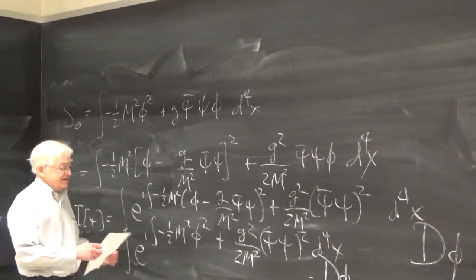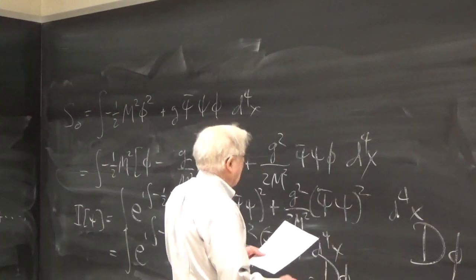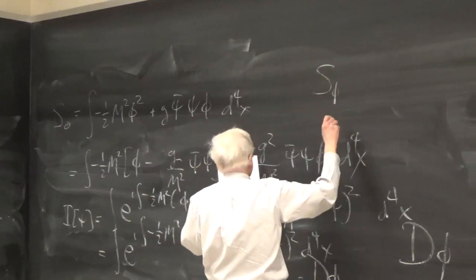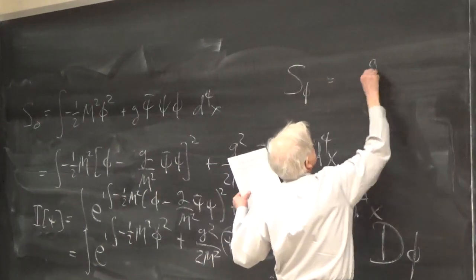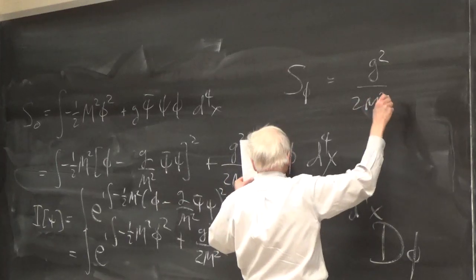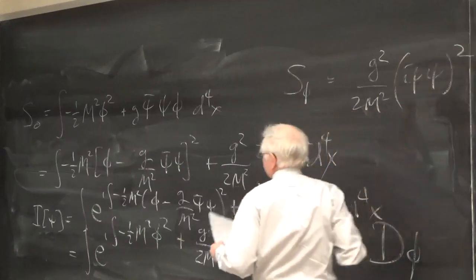So the net effect is to add to the action a new term due to the heavy field, and that new term is g squared over 2m squared (psi bar psi) squared.